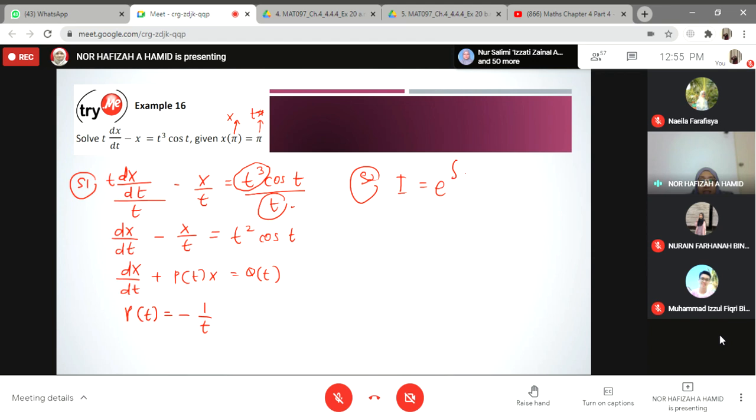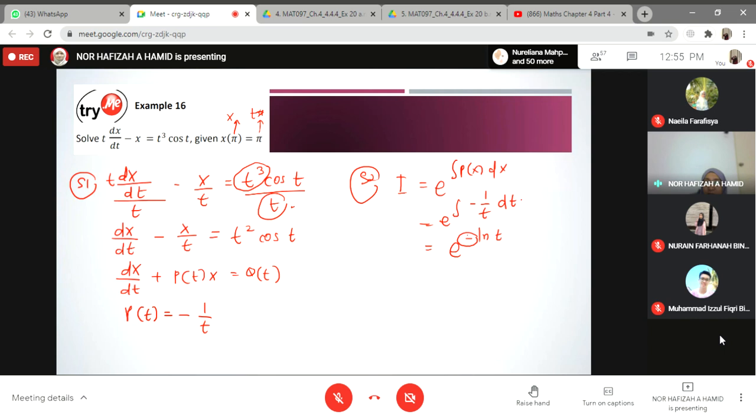So e integrate p(x) dx. Okay, so equal to e integrate p(t), negative 1 over t dt. Okay, so e negative ln t. Okay, so negative e dengan ln ni dia tak boleh ada in between. Dia tak boleh ada term.